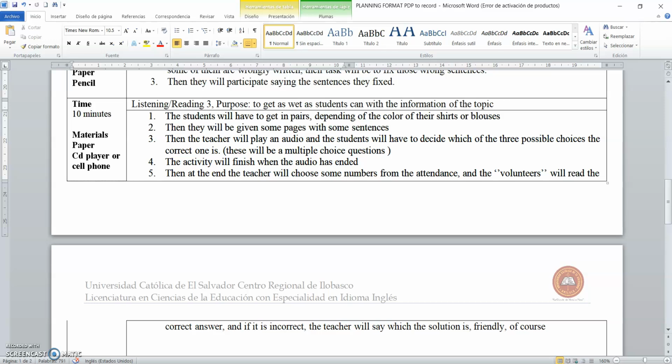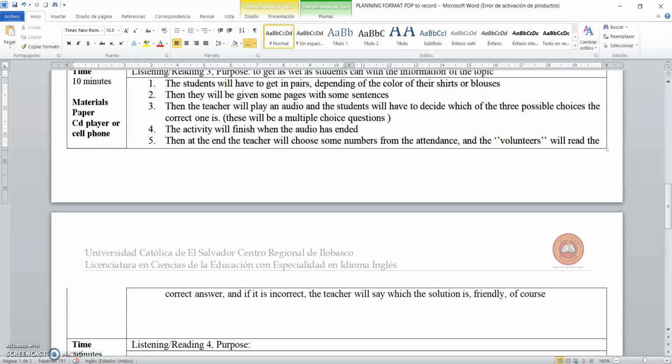These will be multiple choice questions. The activity will finish when the audio has ended. Then, at the end, the teacher will choose some numbers from the attendance, and the volunteers will read the correct answer. And if it is incorrect, the teacher will say what the solution is.